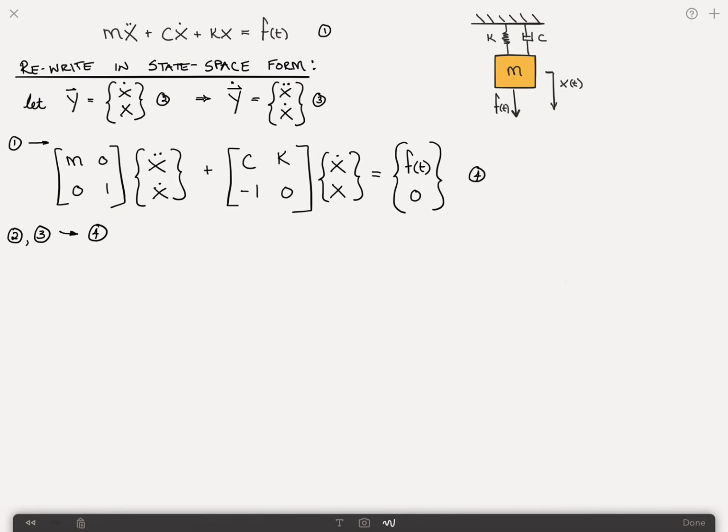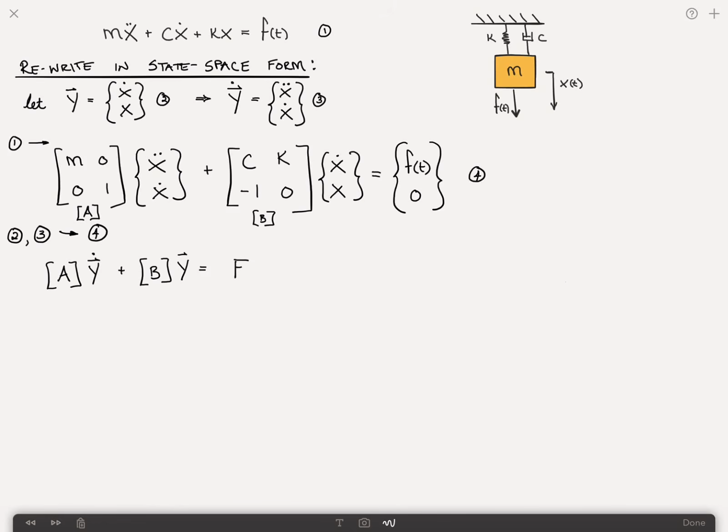But now if we substitute equation 2 and 3 into 4, we can rewrite this as, I'm just going to call this matrix A, and I'm going to call this matrix B. And then I can rewrite this as some matrix A times the vector y dot plus some matrix B times the vector y is equal to, and I'm going to call this capital F. It's an f of t, but we'll just call it F for now.